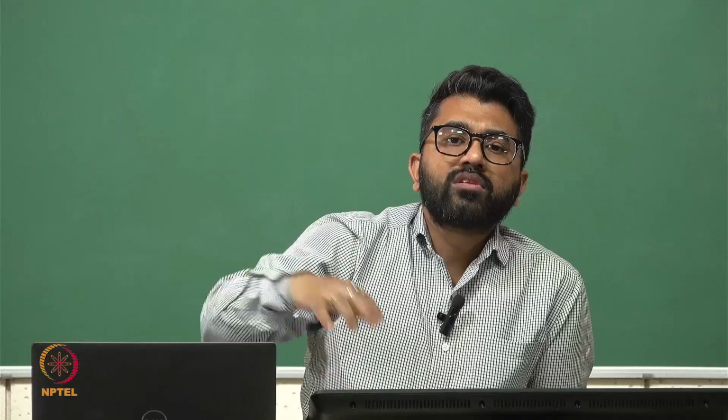We can write it as x1 or x, it doesn't matter. Here just assume it's x1, x2, and x3. Let's forget about x, y, z here. So if we stretch along this direction, what is the response of this material? That is what we are trying to establish through this set of equations which we are going to look at. So let's take a look.